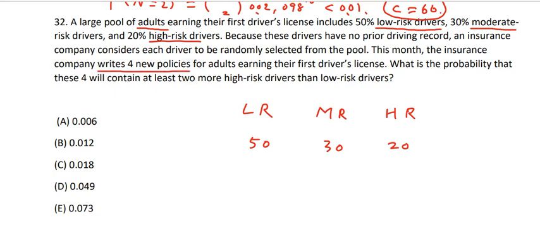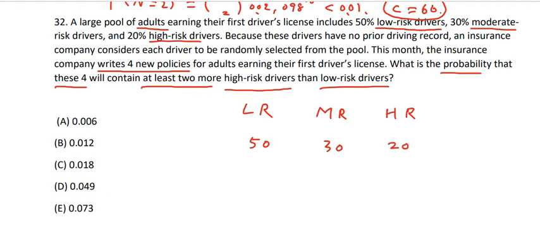We want to find the probability that those 4 will contain at least 2 more high risk drivers than low risk drivers.